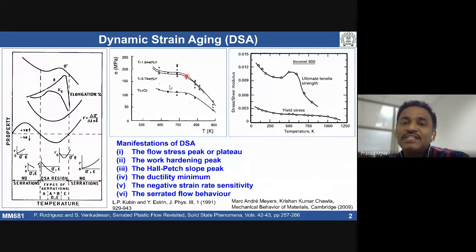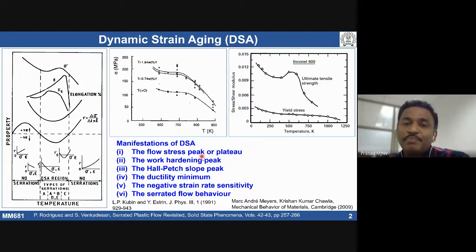This raises the strength of the material in a certain temperature window and strain rate window. Here we showed only temperature, but it can also be a function of strain rate. In a particular window of strain rate and temperature, stress increases rather than decreases, or may remain constant. That is the manifestation of dynamic strain aging.